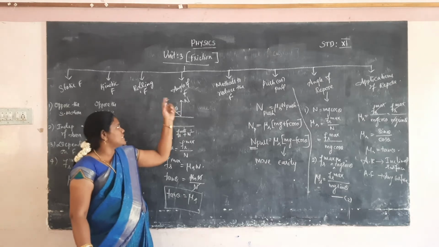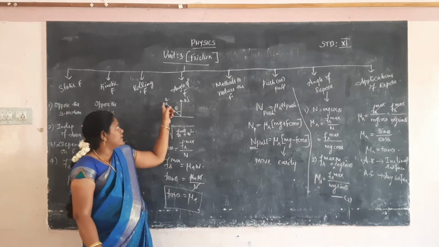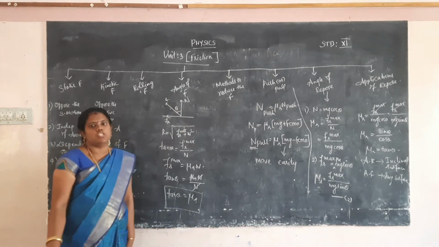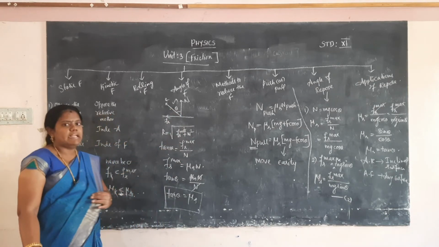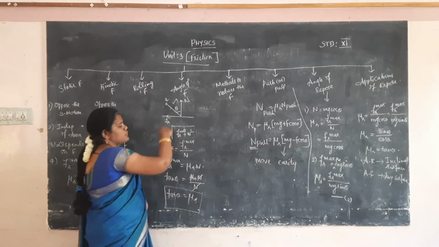That is the resultant force. The angle between the normal force and the resultant force is called the angle of friction. So theta is the angle of friction. Theta is the angle between the normal force and the resultant force.